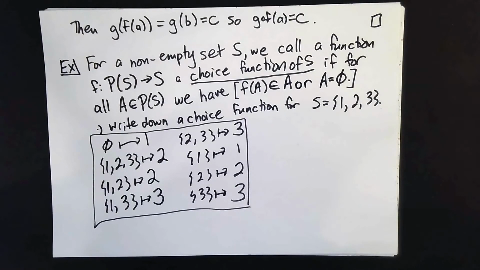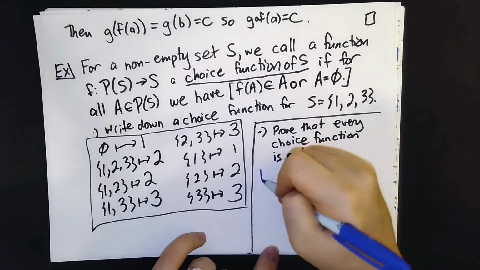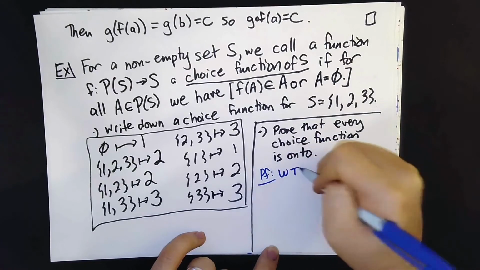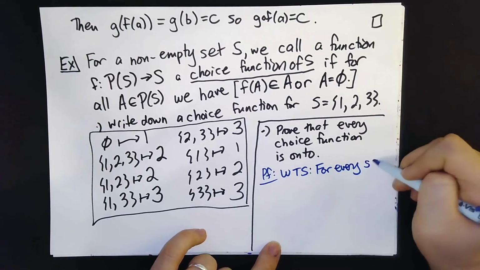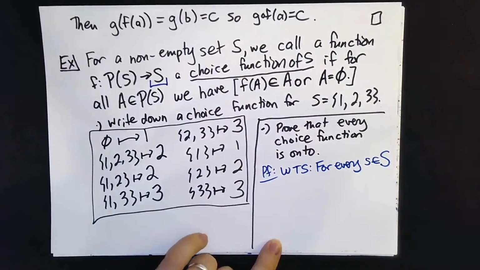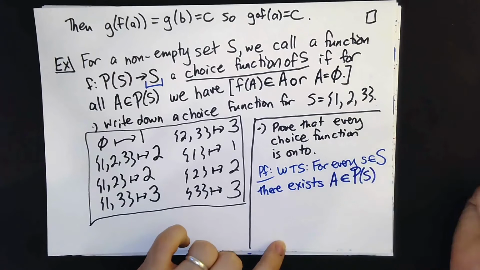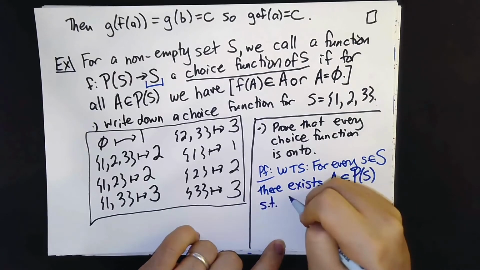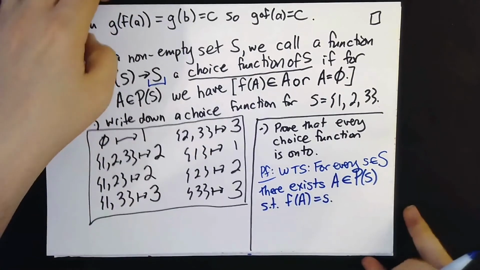Next up, we're going to prove that every choice function is onto. Okay, so remember what that means. That means we want to show that for every little s in big S, that is in the codomain, because remember the codomain here is S, there exists a set A in the power set of S, that is in the domain, such that f of A is little s.